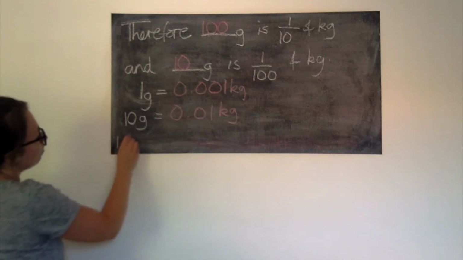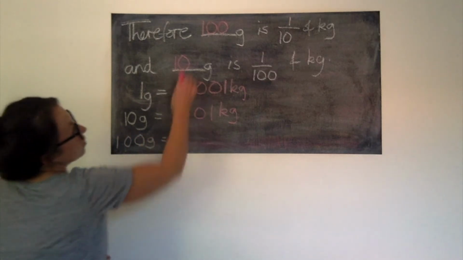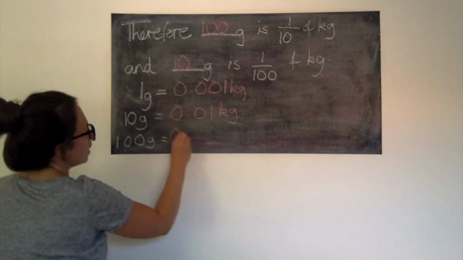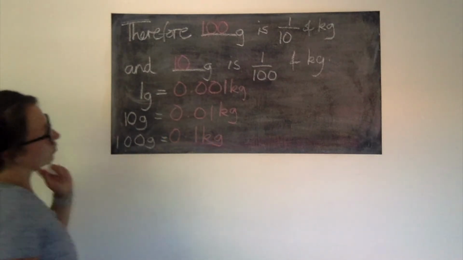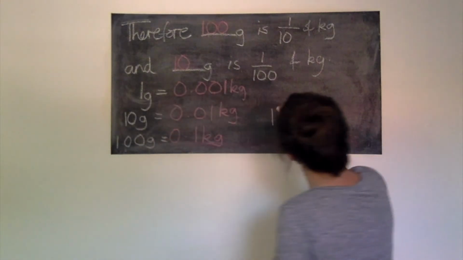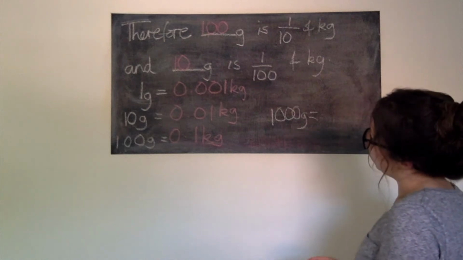And 100 grams is the same as, so let's look, 1/10, so 0.1 kilograms. And then obviously one up from this, 1,000 grams is the same as 1 kilogram.